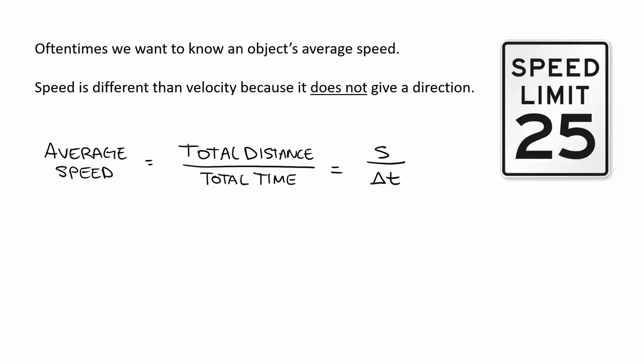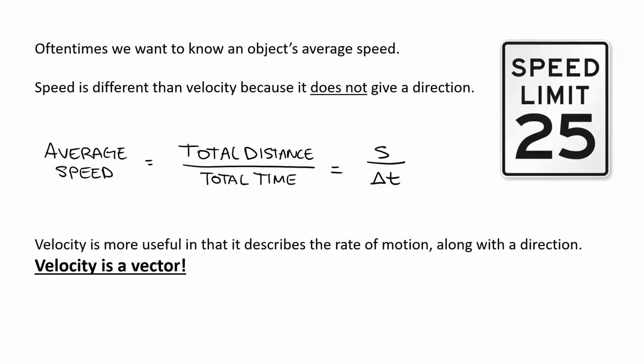All right, so I sort of leaned into velocity. Let's talk about average velocity. This is why velocity is important. It's a vector. How do we find this? It's just the displacement over time.